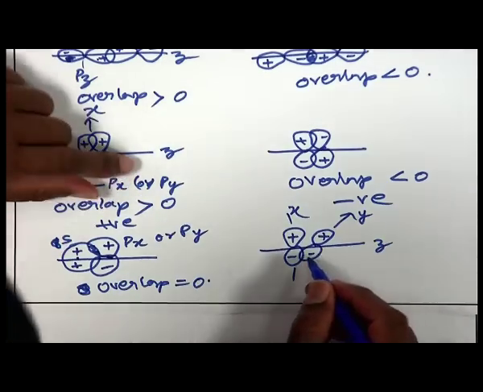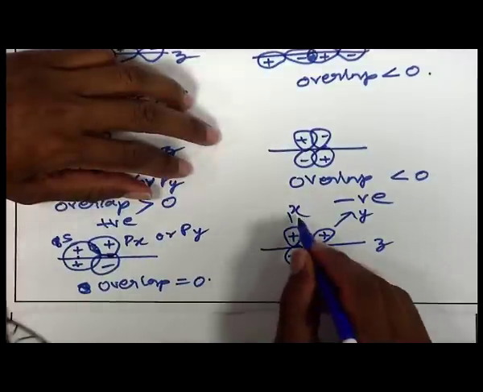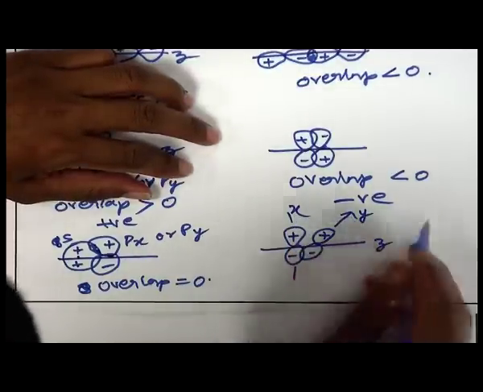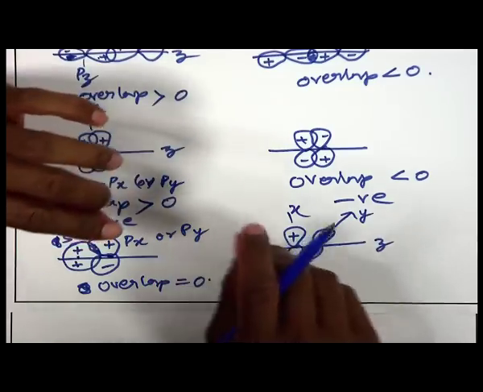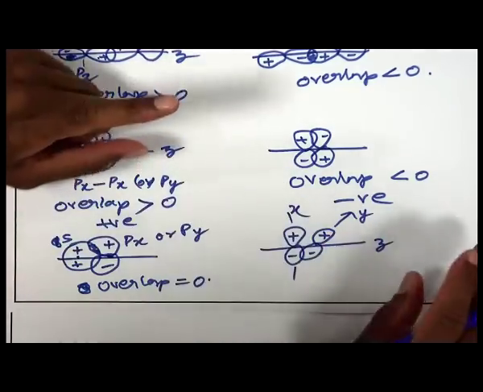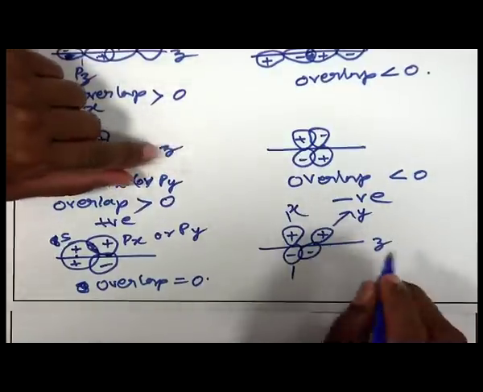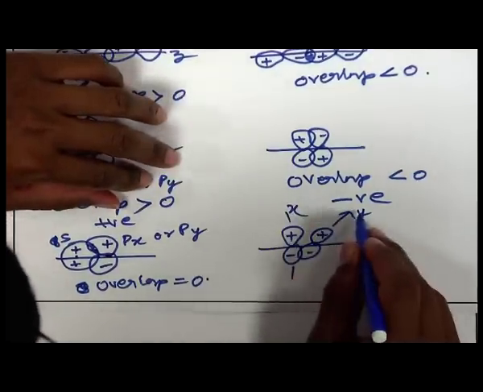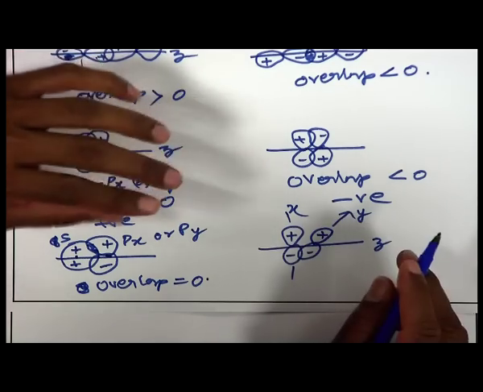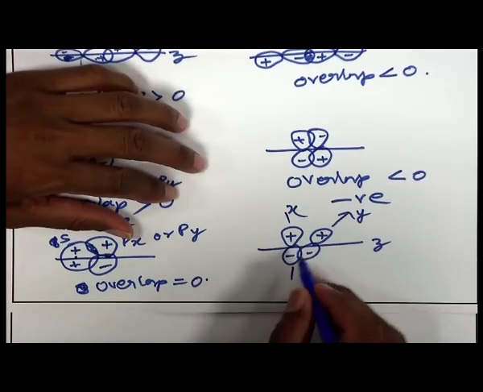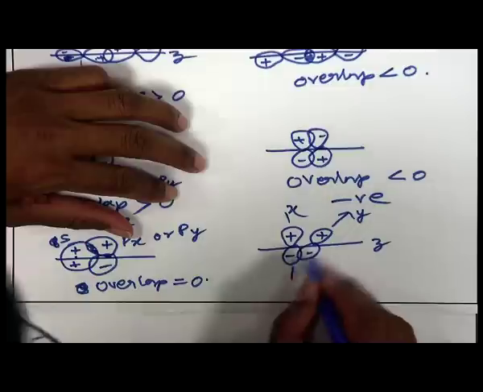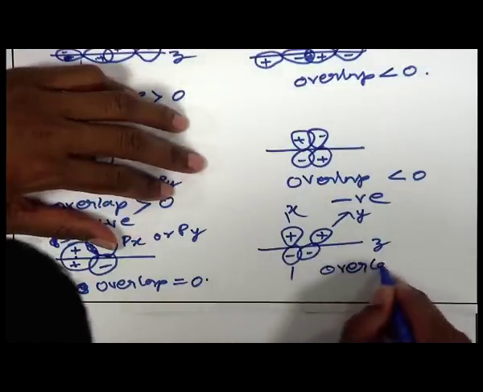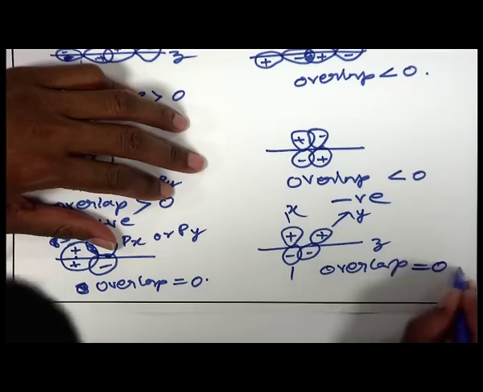We are trying to combine a px orbital of one atom with a py orbital of another atom. You know that px, py, pz orbitals are orthogonal to each other, so the angle is 90 degrees. This orbital is on the x axis, this orbital on the y axis. When you put them together, you will have this type of situation. Here the overlap is equal to 0.